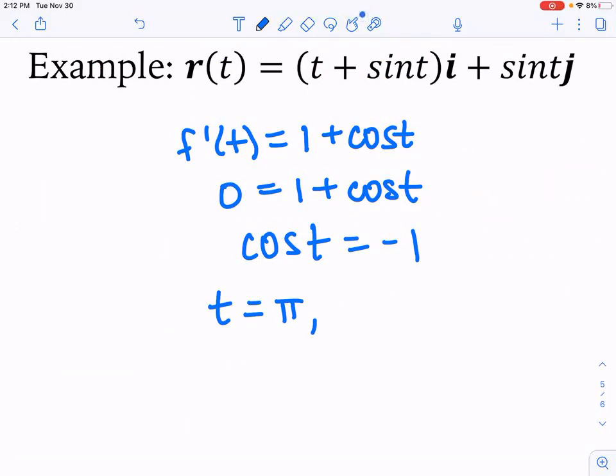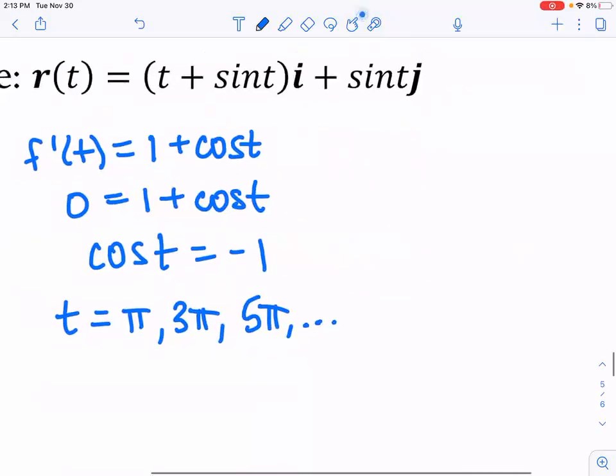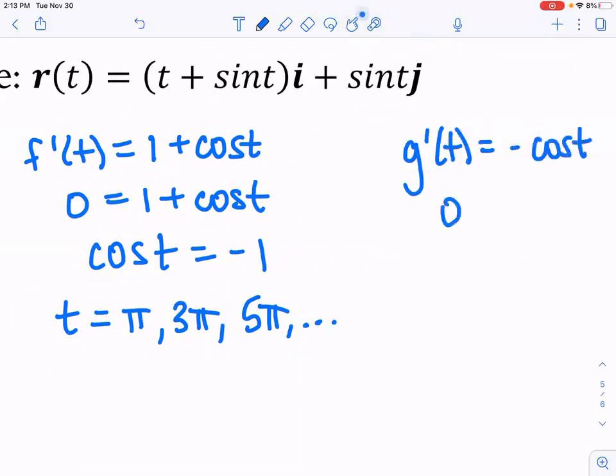Pi, 3 pi, 5 pi. Okay, we have to make an entire rotation around the unit circle to get back to that -1 for the x coordinate. Now over here, g prime of t is negative cosine of t.